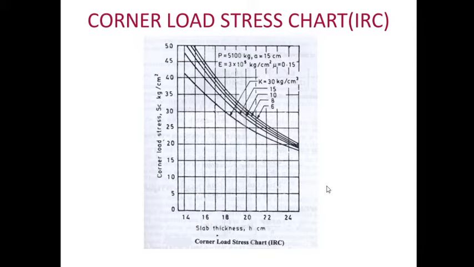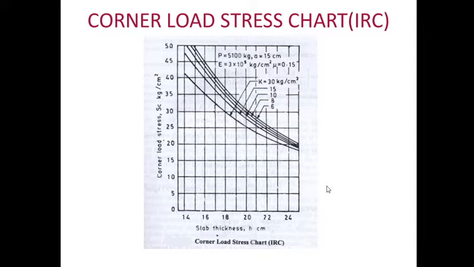This is where we are designing the pavement by using the chart; next is the method for design of pavement using the formula. So what is the difference between using chart and formula?